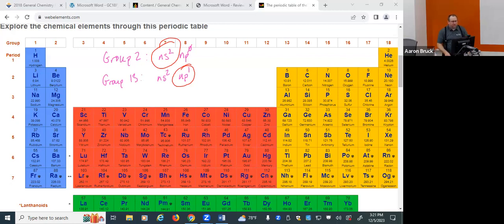And we can see similar kind of logic in group 15 and group 16.